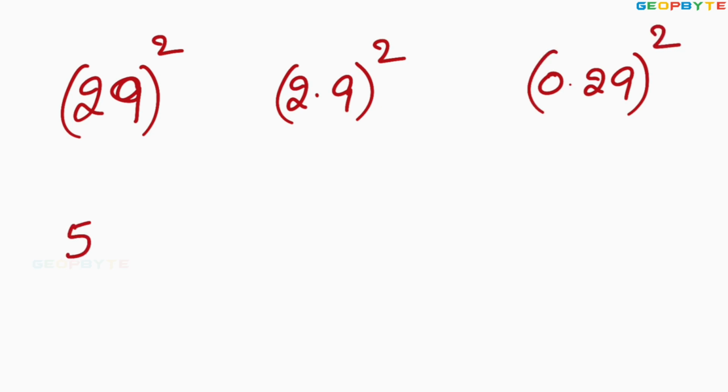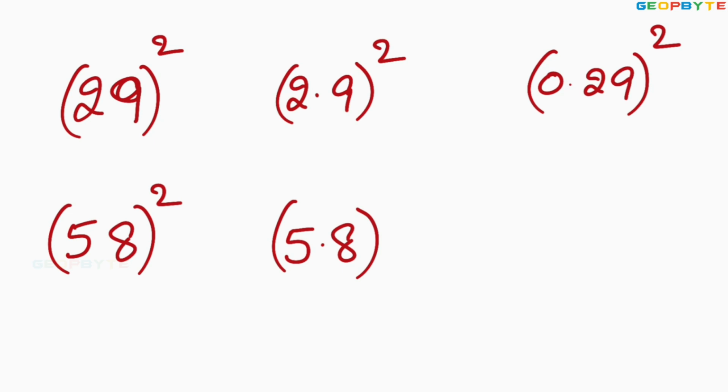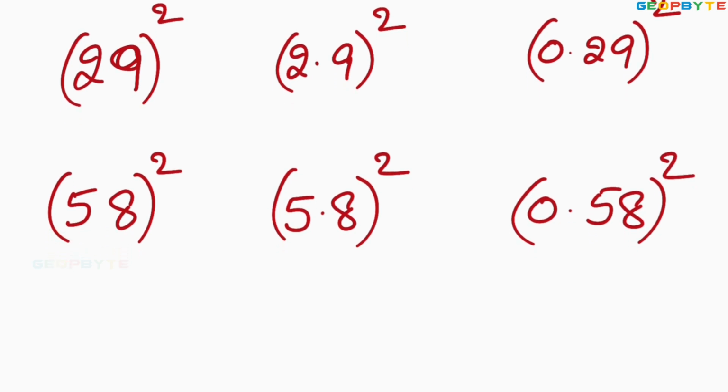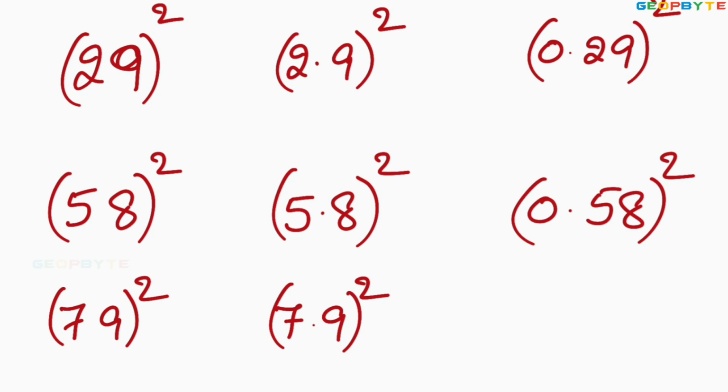Similarly, 58 whole square, 5.8 whole square, 0.58 whole square. The other list, 79 whole square, 7.9 whole square and 0.79 whole square. Dear friends, you please practice these 9 problems.